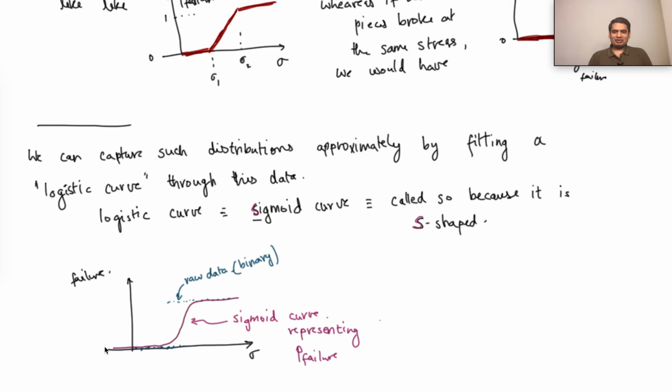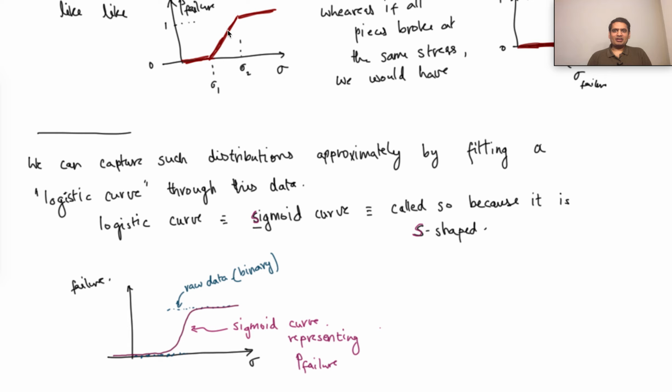Maybe other things will happen if you apply a compressive stress instead of a tensile stress, for instance. Nevertheless, let's say we want to approximate this kind of data with this continuous smooth function, where the raw data itself is binary.